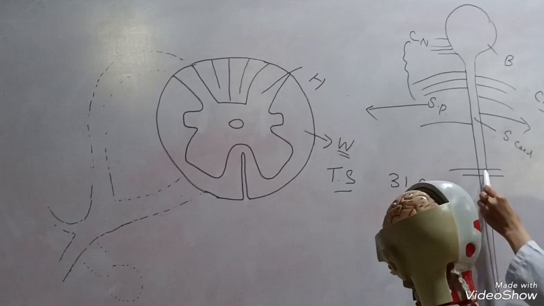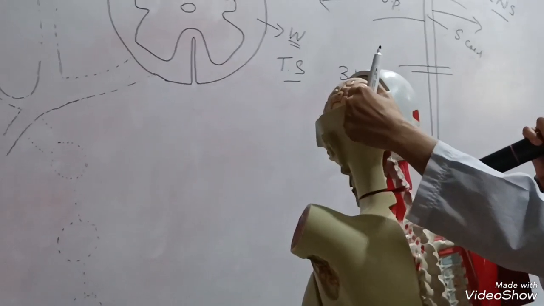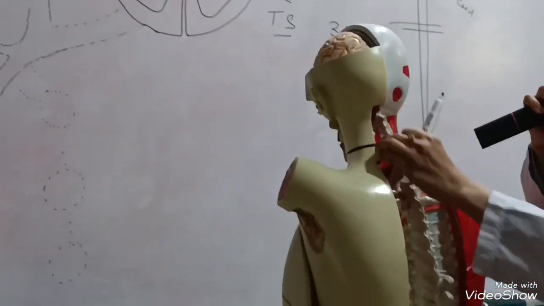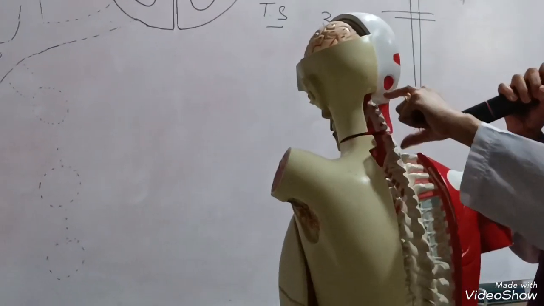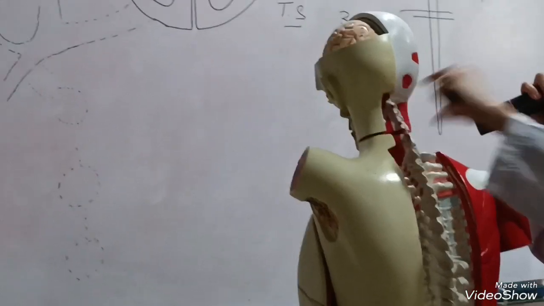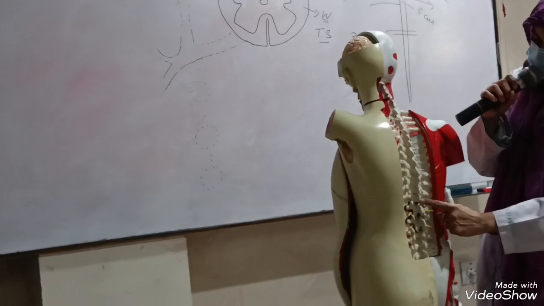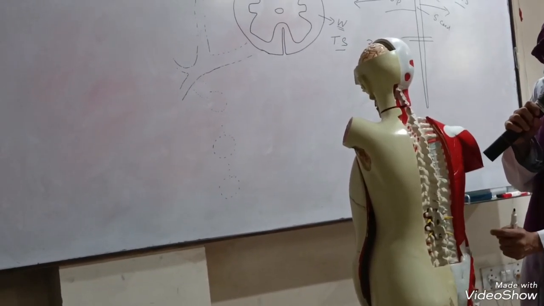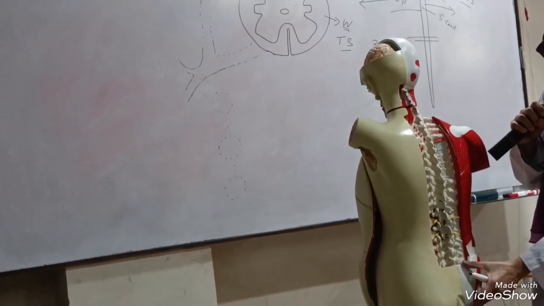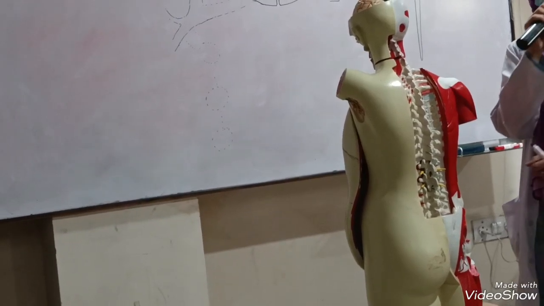And as we know about your spinal cord, as you can see in the dummy, your skull case is having the brain inside, and your vertebral column has the upper cervical vertebrae, which are 7 in number. Then you have the thoracic vertebrae, these are 12. Then you see the lumbar, which are 5 in number, and then the sacrum, which makes a collective one piece made up of 5 sacral vertebrae.